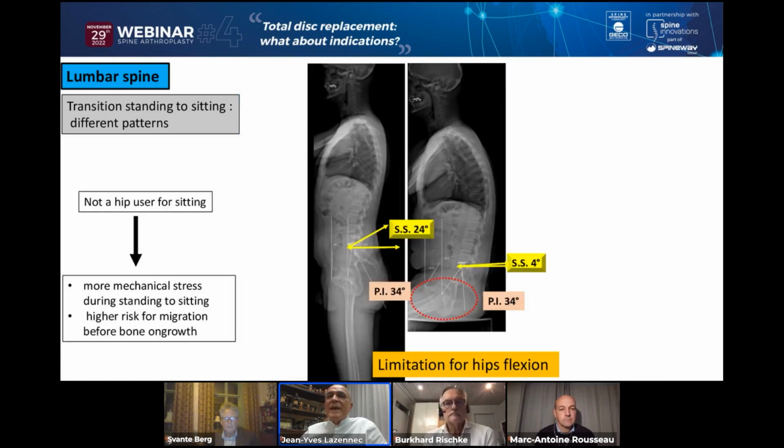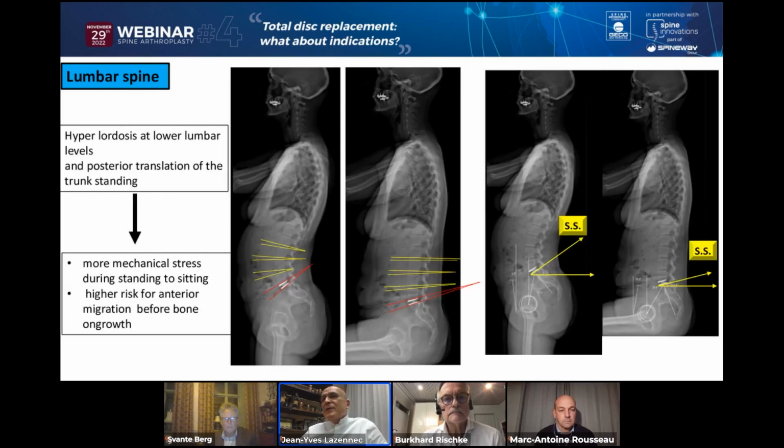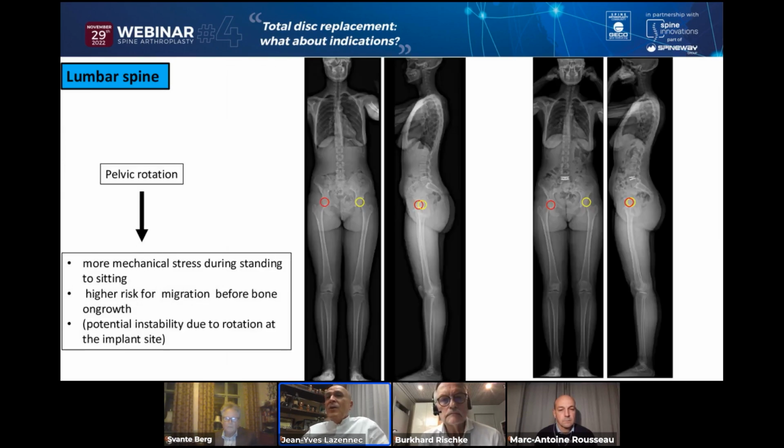In patient with strange mobility at the hip, you see this patient does not sit using fully his hip. Patient with posterior translation of the upper part of the trunk. So patient with a high risk of hypersolicitation for translation. And also patient with pelvic rotation. Look at this patient with a large iliac wing here, a narrow iliac wing here, so you have rotation in the pelvis.